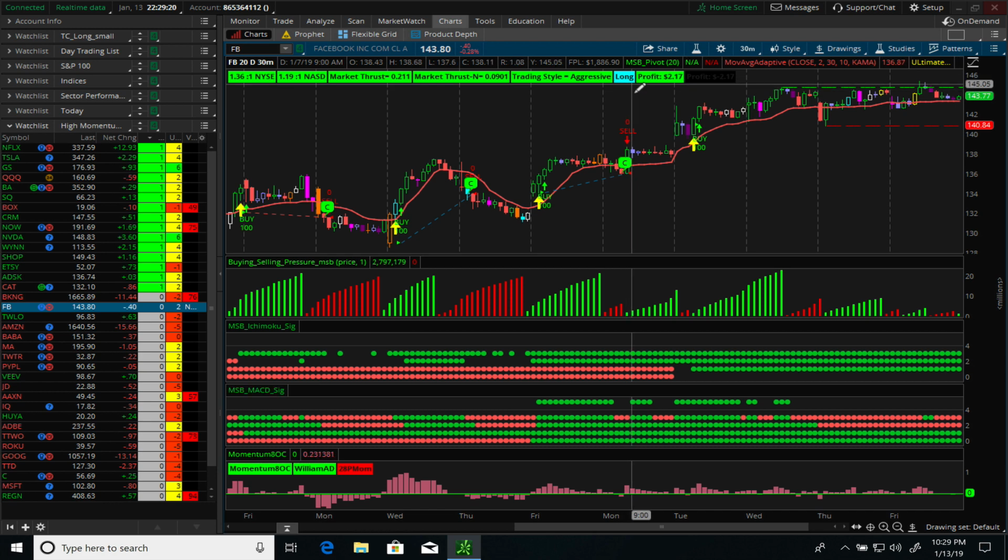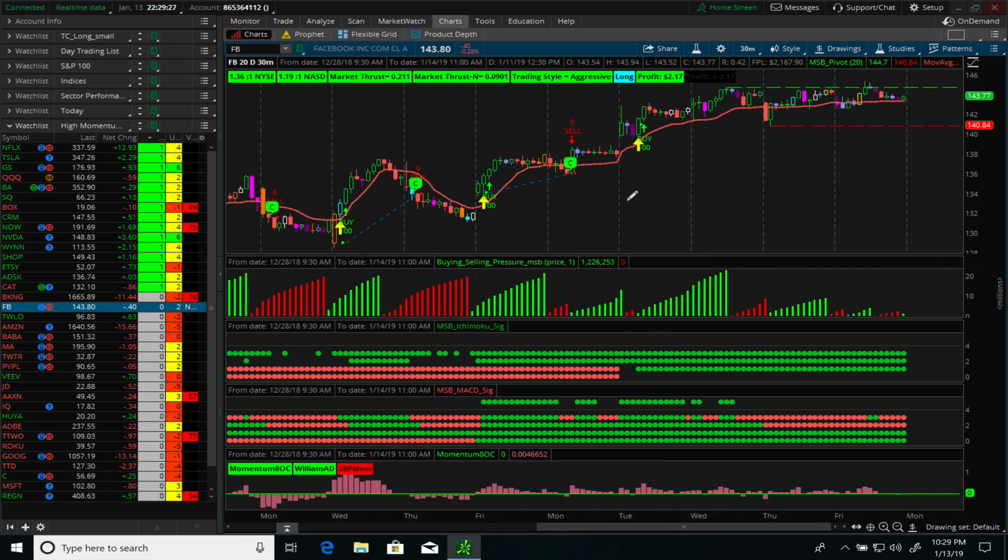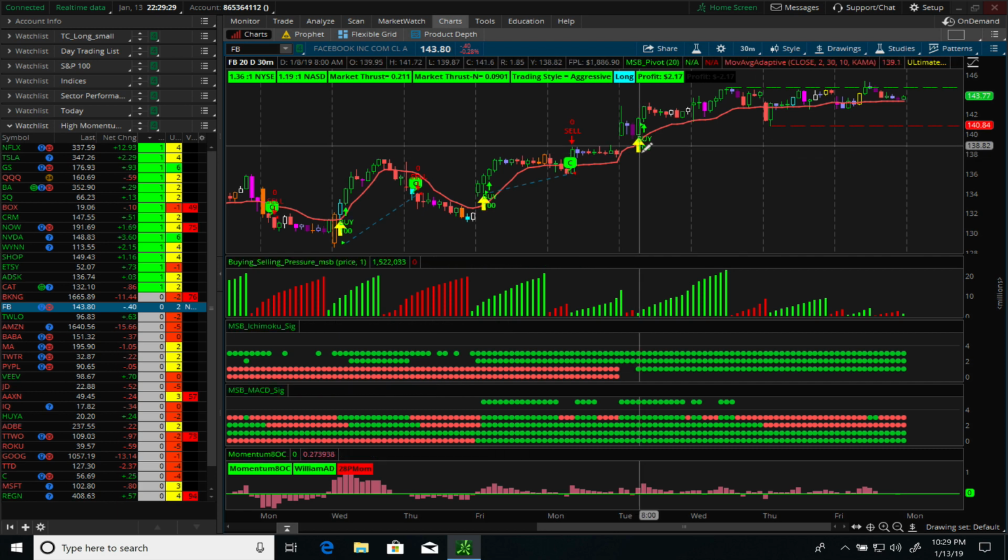And if the trade is still currently under play, you will also see what is the profit in that trade, which is currently long. So as you can see, the last trade on Facebook was initiated around, the signal was initiated in this bar, and the buy actually happened on the following bar, and so it's actually calculating the profit from here all the way to where the last bar closed.